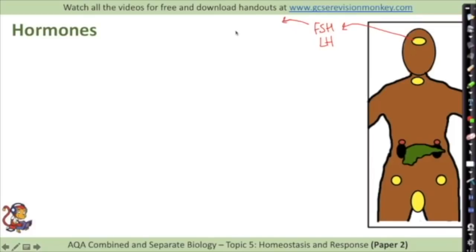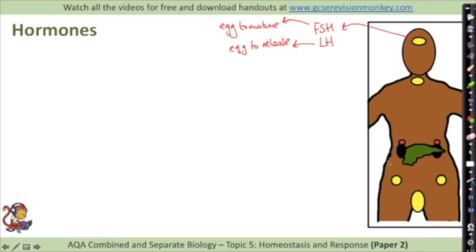This follicle stimulating hormone causes the egg to mature, and the luteinizing hormone here, the LH, causes the egg to release.